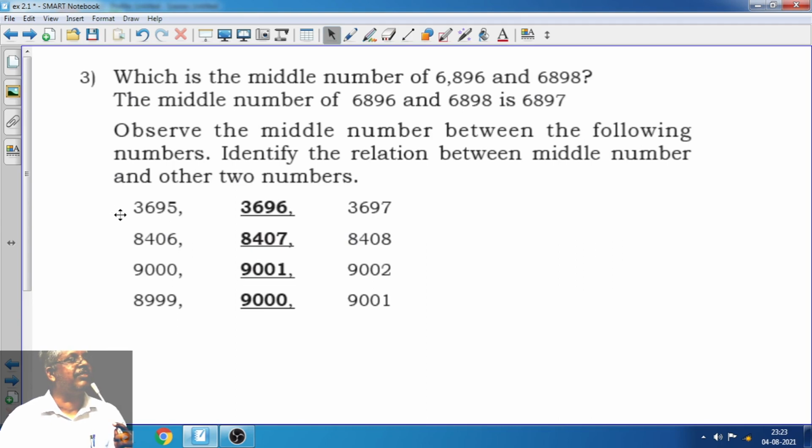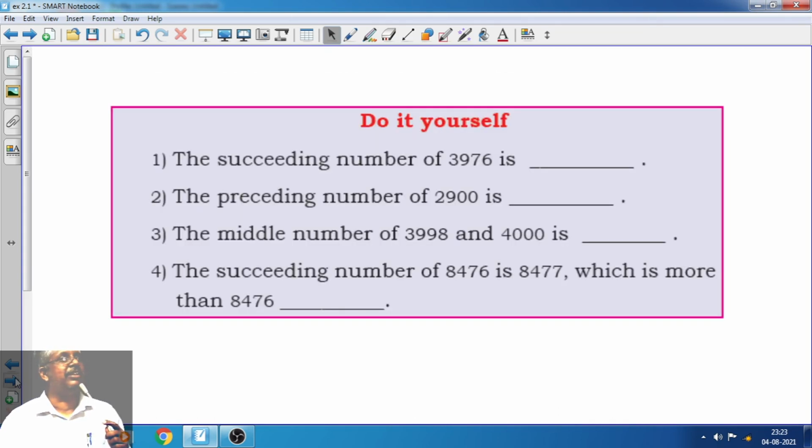Now look at this fantastic one. 3,695 and 3,697. The middle number is going to be 5, 6, 7. See? It's the middle number. Similarly here 8,406, 8,407, 8,408. And this is how you're supposed to read this middle number.